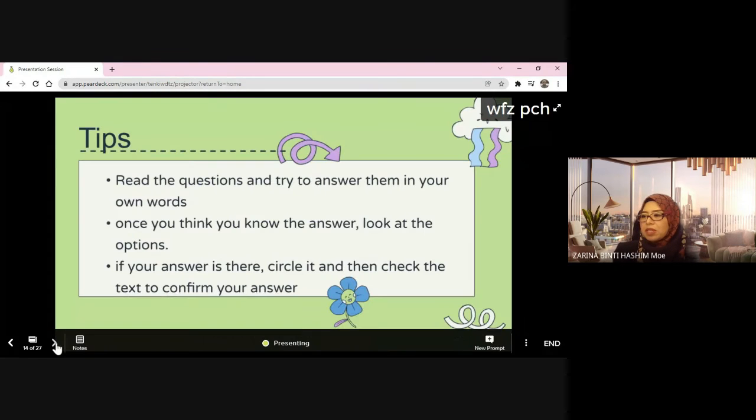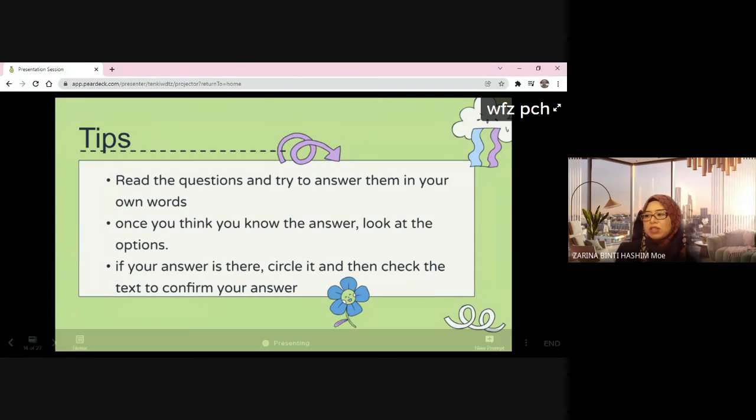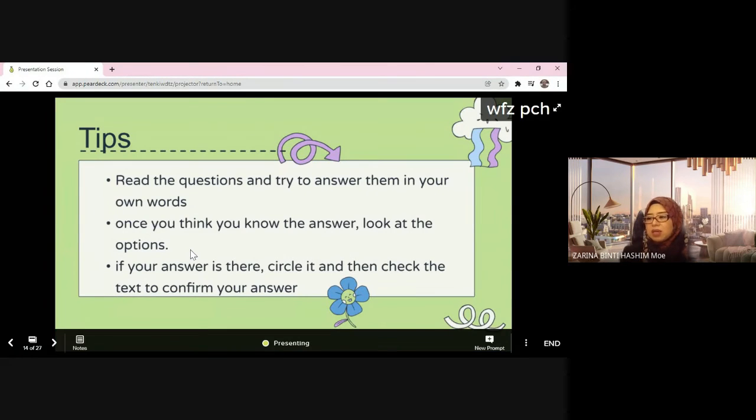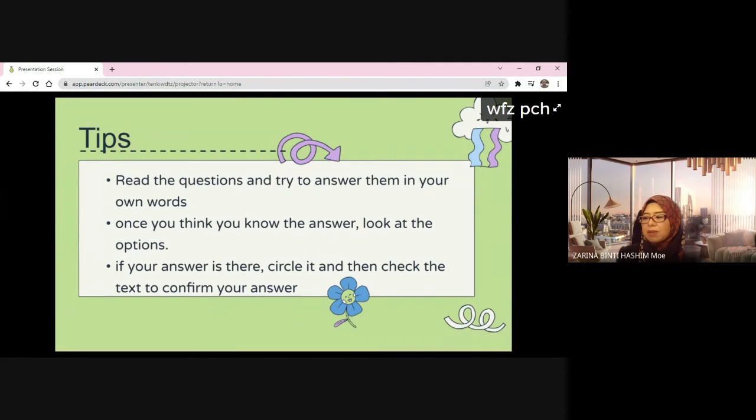Here are some tips. Of course, you have to read the question and try to answer it in your own words. Once you think you know the answer, you look at the options. Look at all the options given, and if your answer is there, circle it and check the text to confirm your answer. So these are the tips given.